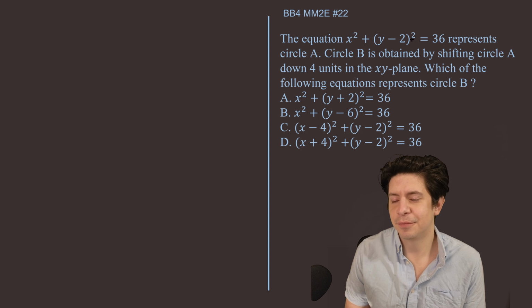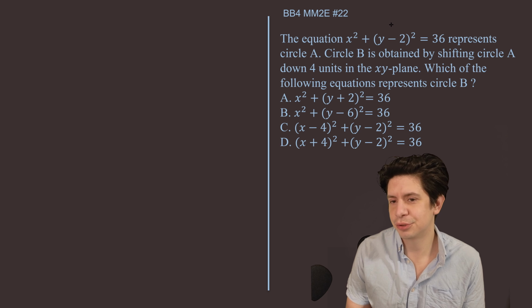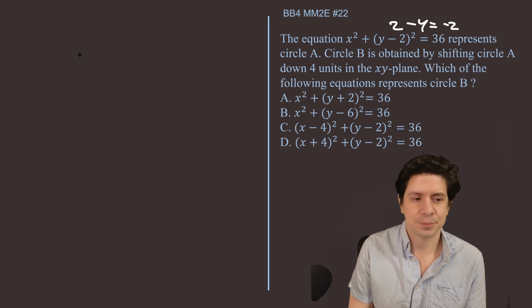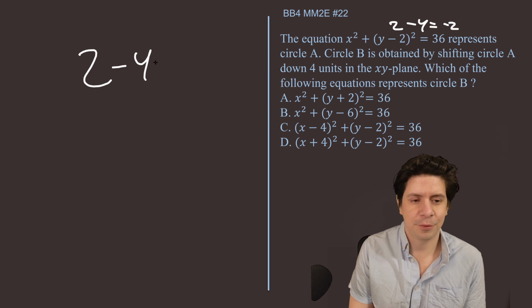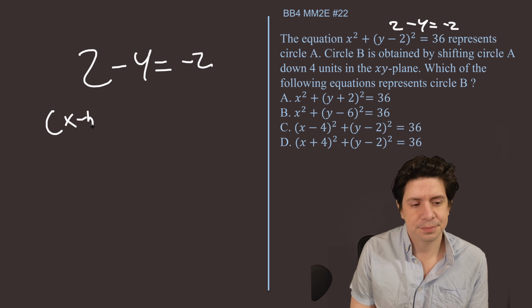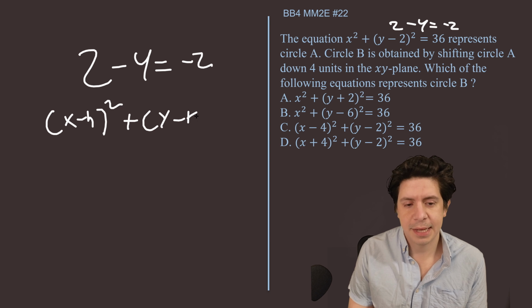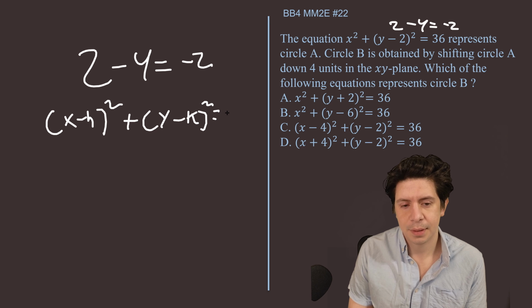But now instead of y minus 2, when you shift, remember it's y minus the center. So right now it's a 2. And we're shifting by going down 4, and we're going to get negative 2. So I'll do it here. 2 minus 4 equals negative 2. So it's going to be (x minus h) squared plus (y minus k) squared equals r squared.